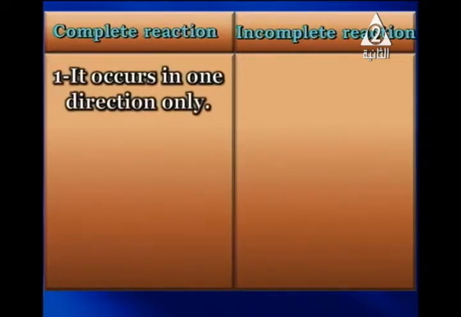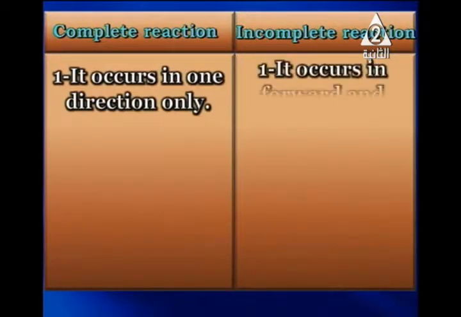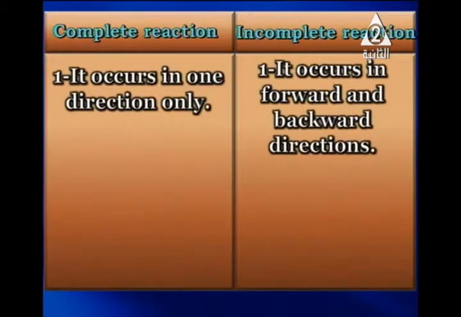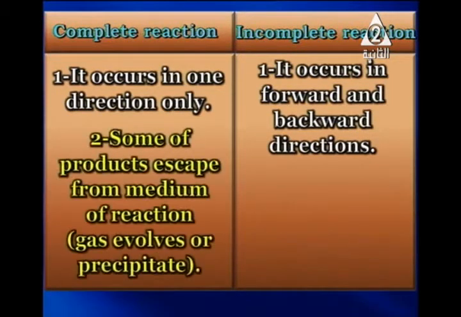So my dear students, we can compare between the complete or irreversible reaction and the incomplete, which is the reversible reaction, as following. The complete reaction occurs in one direction only, while the incomplete reaction occurs in forward and backward directions.